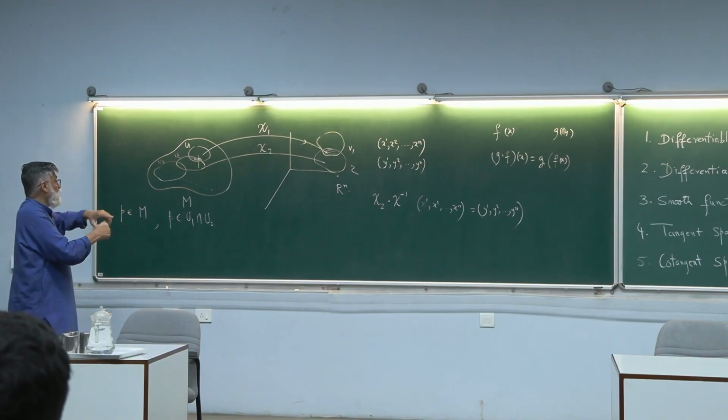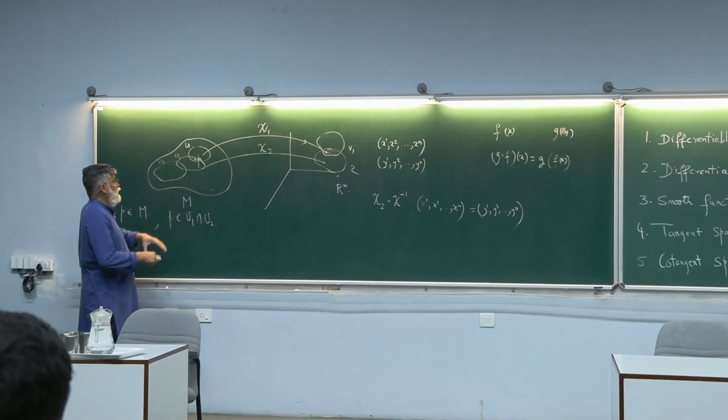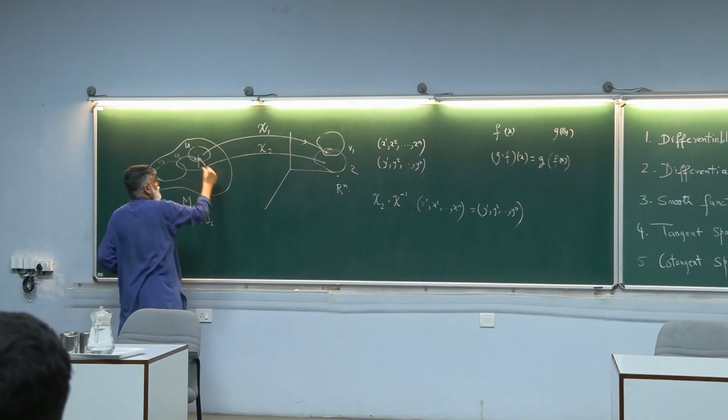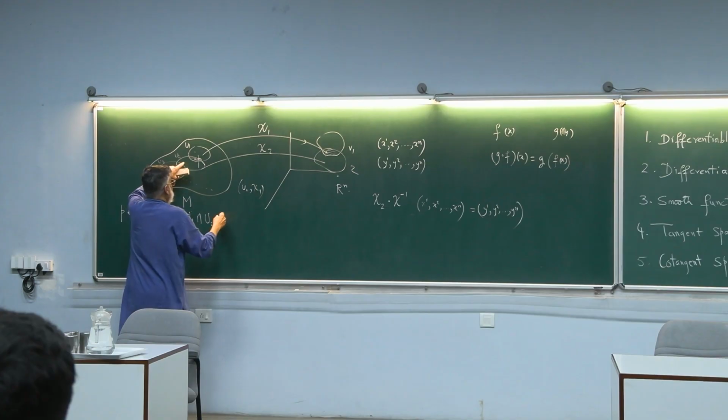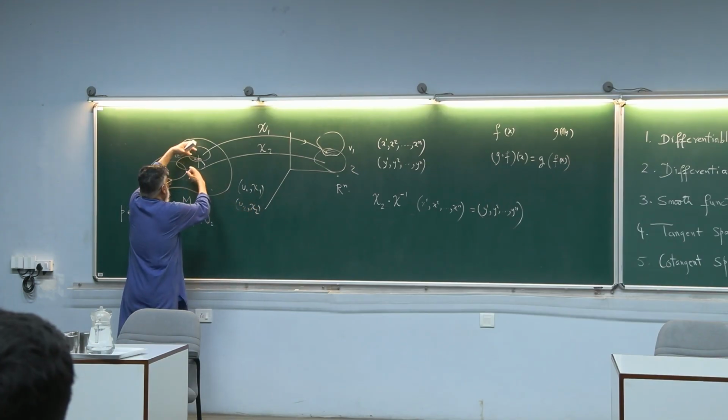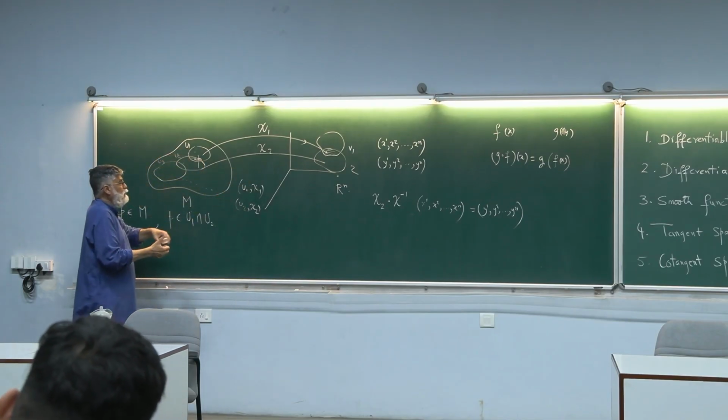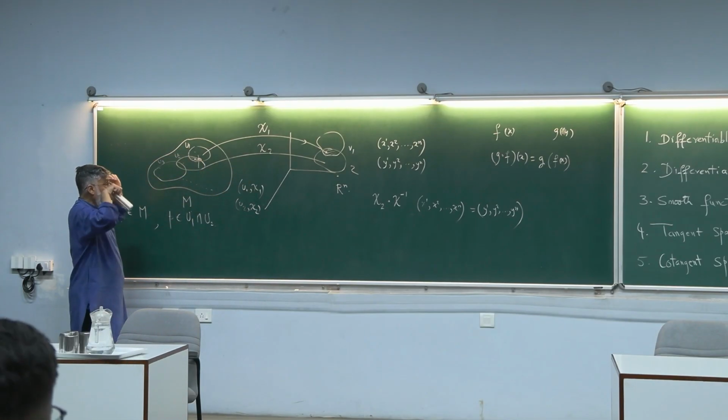These two charts, remember these are two charts. What are the charts? This is a chart U1 chi1 and this is a chart U2 chi2, and U1 and U2 have an intersection, and because of that the point P belongs to both the charts.